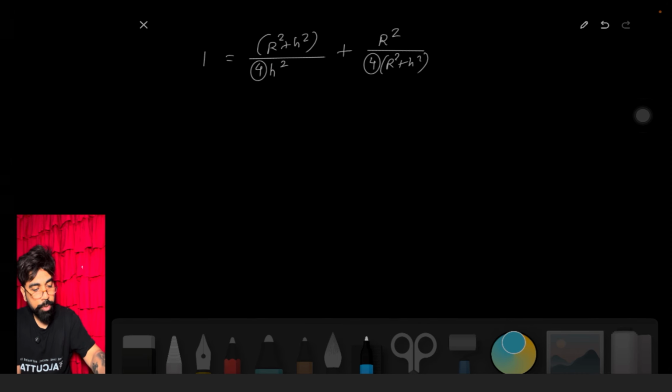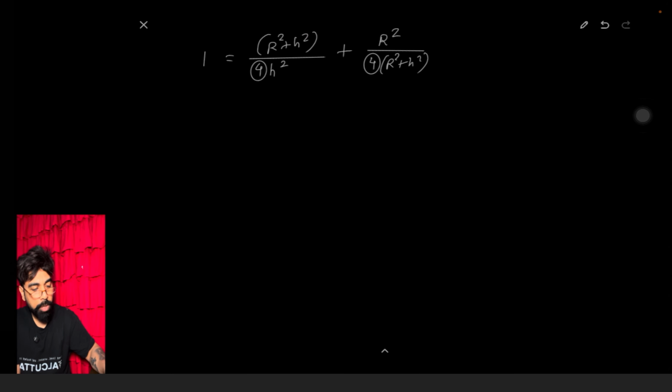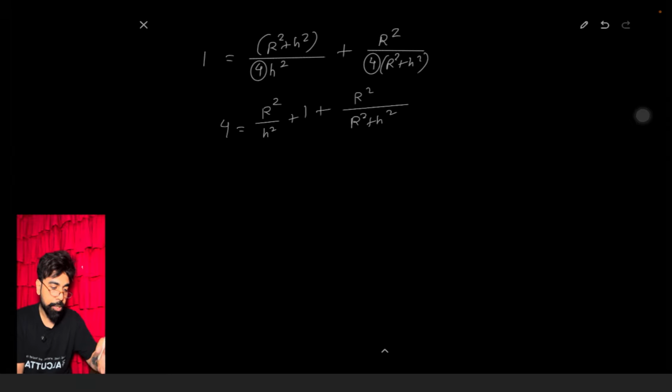So here is this equation. To solve this equation, I will cross multiply the 4 and I will get r square by h square plus 1 plus r square divided by r square plus h square. My target is to get either r by h or h by r, whichever will be convenient.